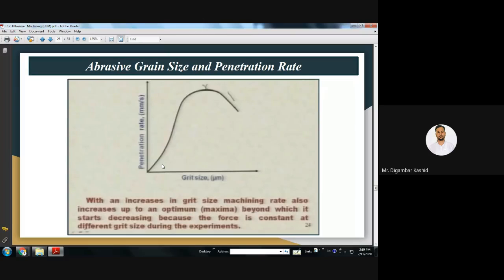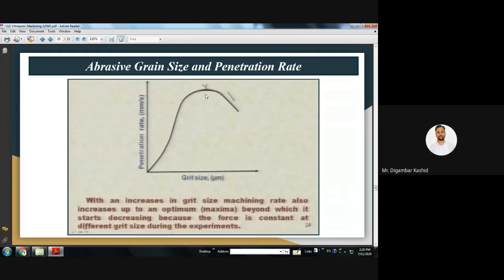As you can see here, the grit size is increasing. Grit size means the fine size of the abrasive. As it increases, there is an optimum value where you get the maximum penetration rate in terms of mm per second.